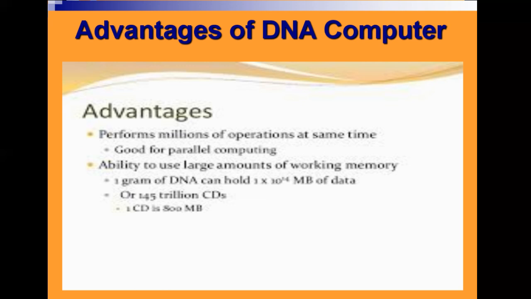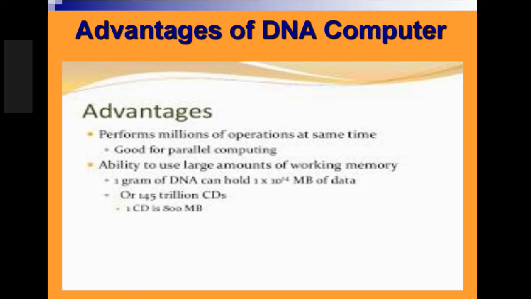It has the ability to use large amounts of working memory capacity. If you take 1 gram of DNA, a CD can have a maximum memory of 800 MB, but 1 gram of DNA can hold 1 into 10 to the 14 MB of data, or 1.45 trillion CDs, but one CD can have only 800 MB.